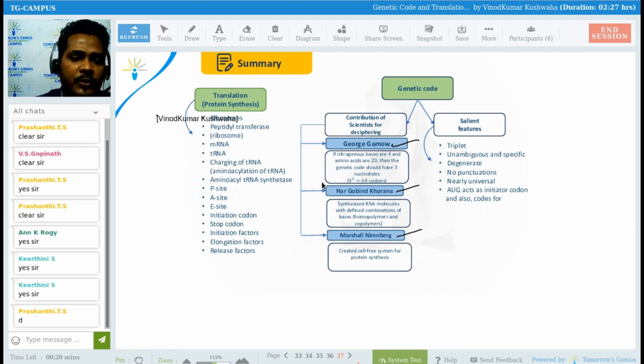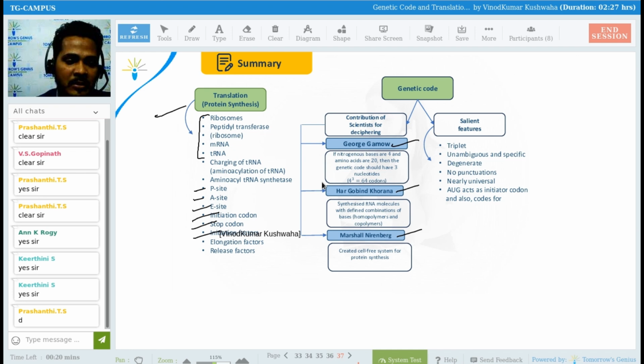We also studied the translation of proteins. So these are the starting materials for translation. Then we also studied the P site, A site, E site, initiation codon, stop codon, initiation factors, elongation, and releasing factors. All these are important that you have to remember.